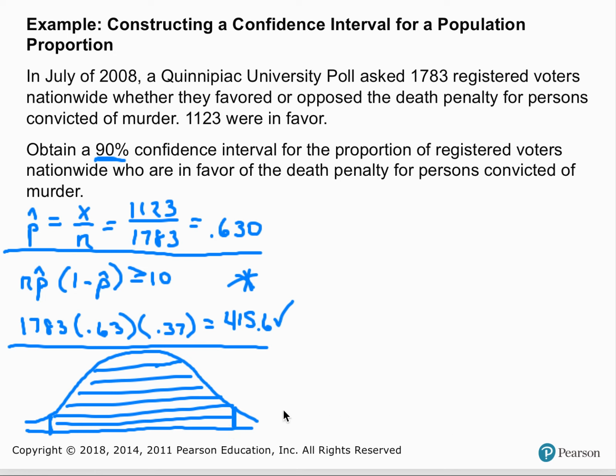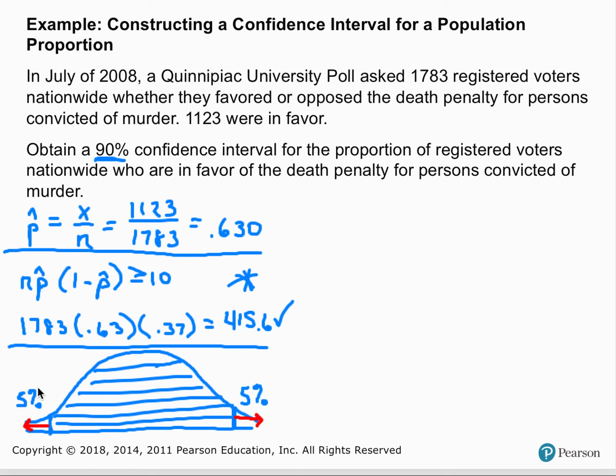If what's in between those values is 90%, then the rest of the graph should be 10%. That would give us 100% of our data, but it's split in 2 halves. So this is 5% over here, and this is 5% over here. That's where the alpha over 2 comes from.